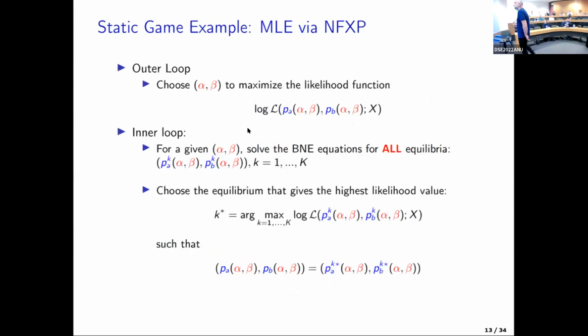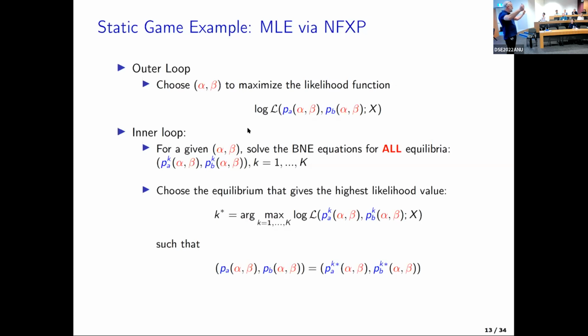Is there a requirement that only one equilibrium give the highest value of likelihood? So what you're asking is whether there could be multiple equilibria at different sets of parameters that could give the same likelihood.